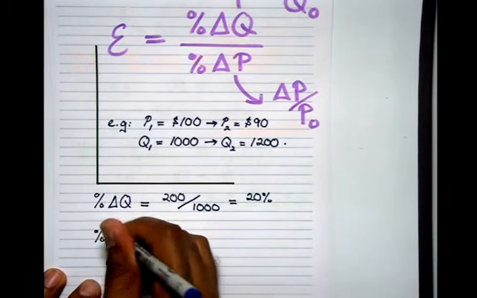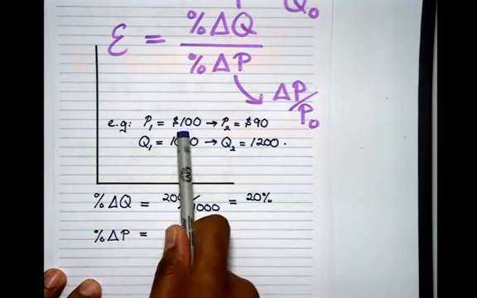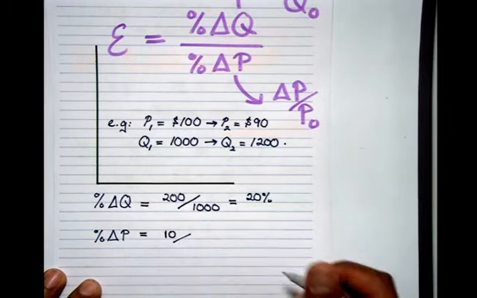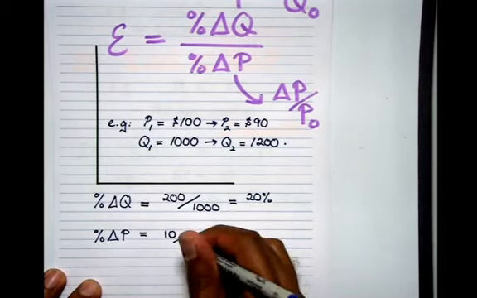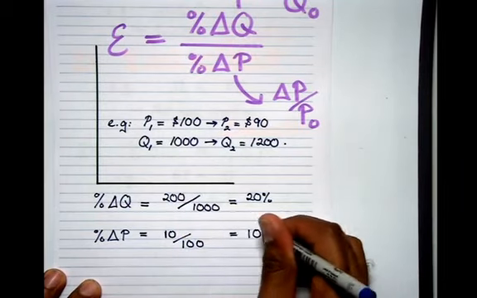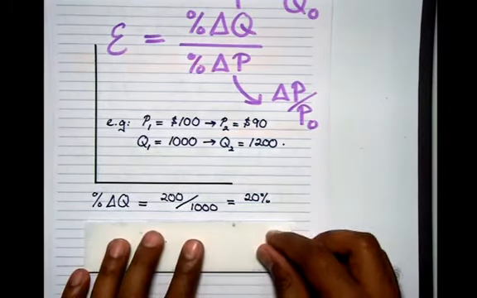What is the percentage change in price? The price changed by $10. The price used to be $100. The change in price is 10%. How much is elasticity?